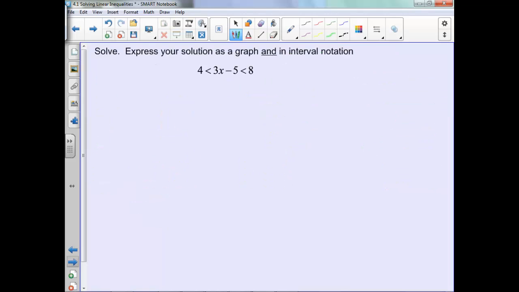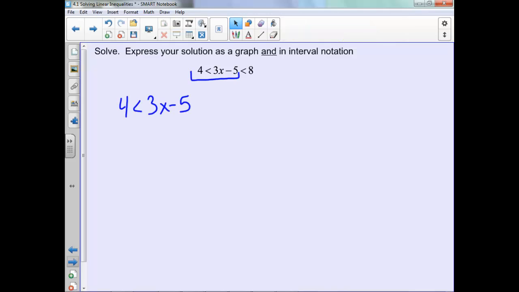So now we're going to solve this compound inequality, and then we're going to graph it and use interval notation. So the first thing, notice this means this middle thing has to be greater than 4. But we also have to have this whole thing less than 8.